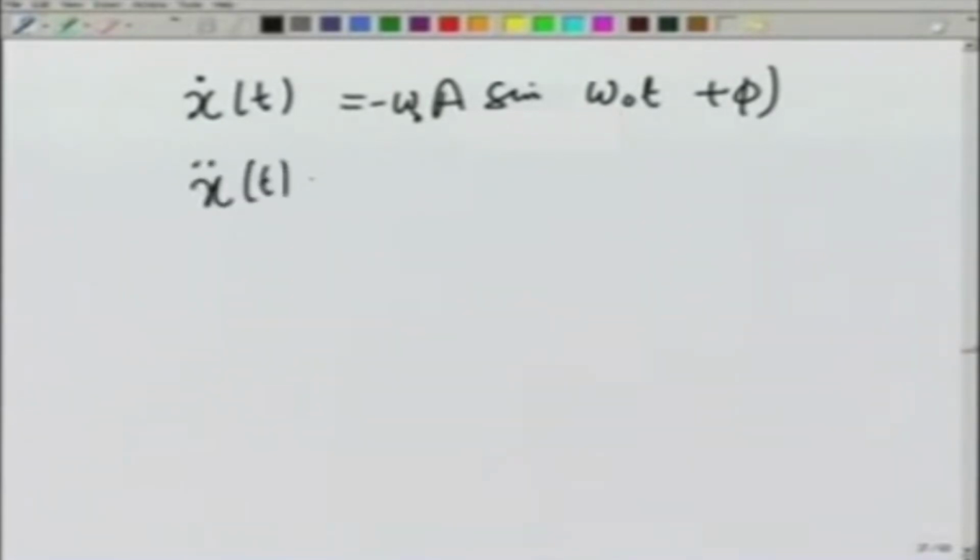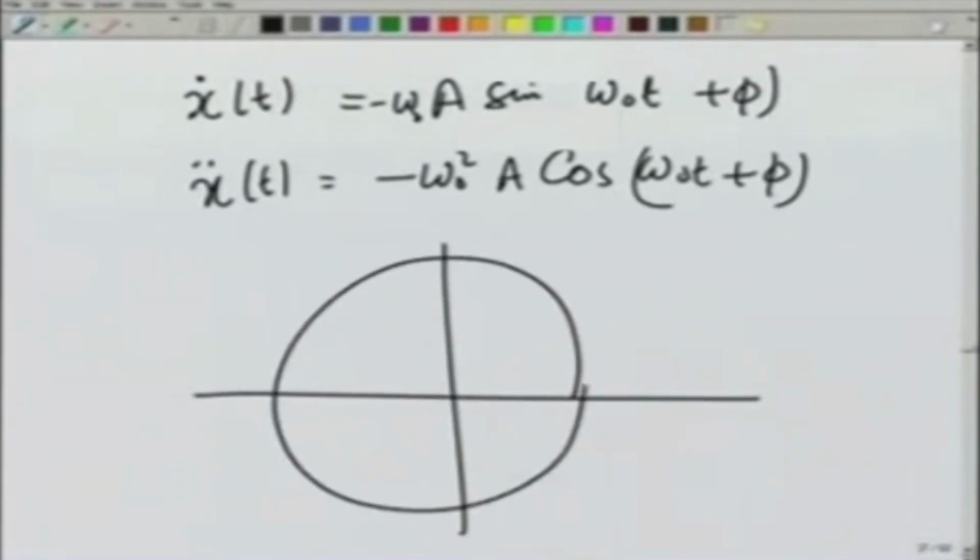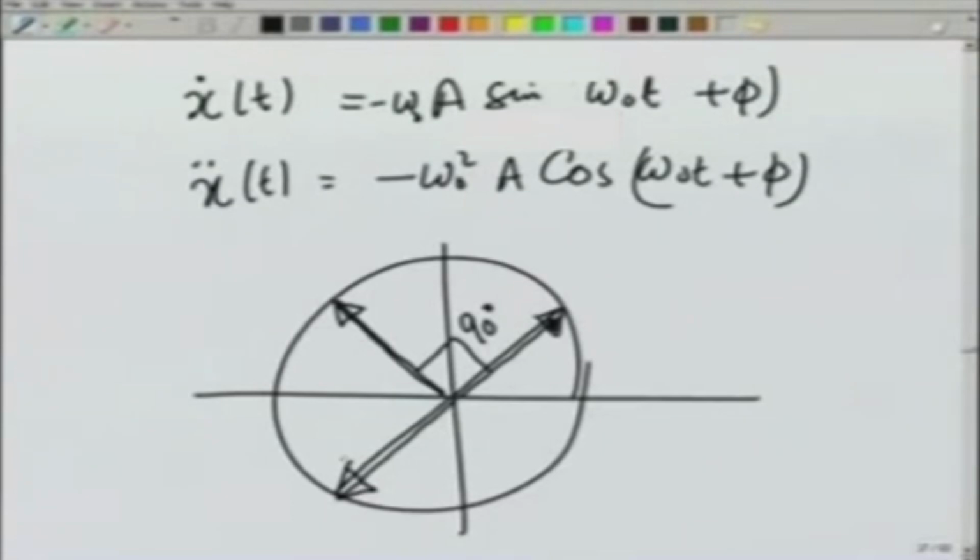Since x dot (t) is given as minus omega naught a sine of omega naught t plus phi, and x double dot (t) is given as minus omega 0 square a cosine of omega 0 t plus phi, if I represent the displacement, velocity and the acceleration on the phasor diagram, with the displacement at any given time like this, you can easily see that the velocity phasor would be pointing in this direction at 90 degrees to the displacement, and similarly acceleration would be pointing in the direction opposite to the displacement, 90 degrees this way.